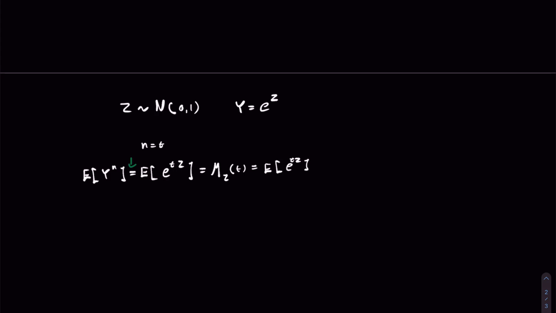Okay, so there was some jumping around here, but let's just write down now the definition of this thing in terms of an integral using LOTUS. Again, this is e to the t to the Z. Now we're basically back to the same problem as we solved, but now we have a t in there as well.